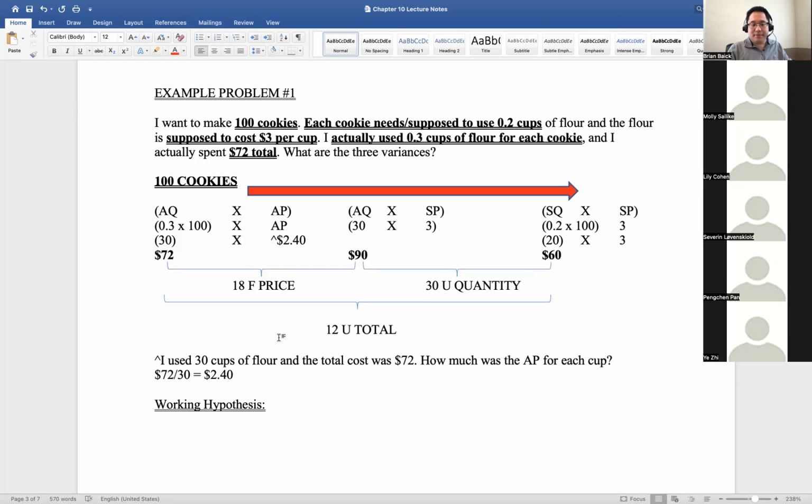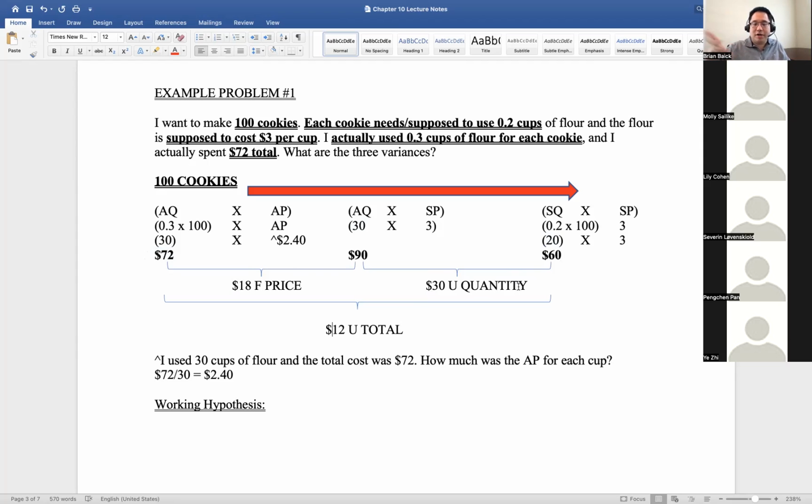So what happened? Well, you see that we're supposed to use 20 cups of flour. That's the standard quantity. But actually, you used 30 cups of flour. So $30 is an unfavorable variance because you use too much flour, right? So you have a $30 unfavorable quantity variance.